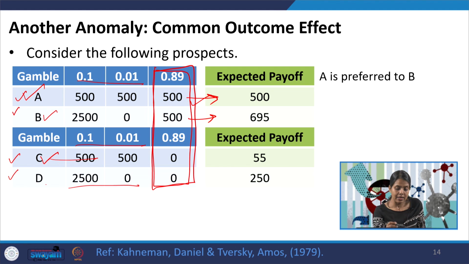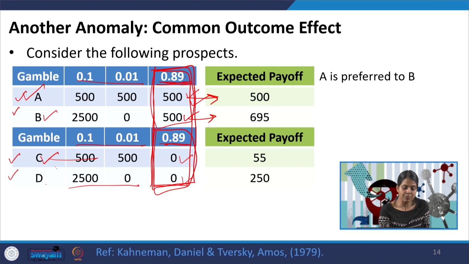Between gamble A and gamble B, of course there is a chance of winning 500 in both cases with a probability of 0.89. Similarly, between gamble C and gamble D, there is a 0.89 chance of winning 0. So, since these are common for both A, B and C, D, individuals must be ignoring these.